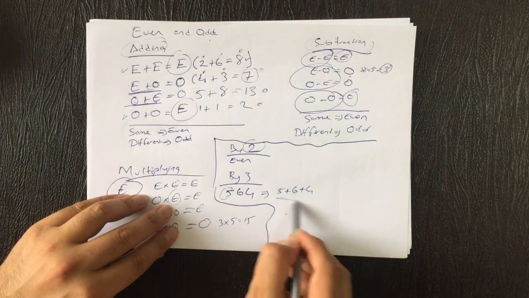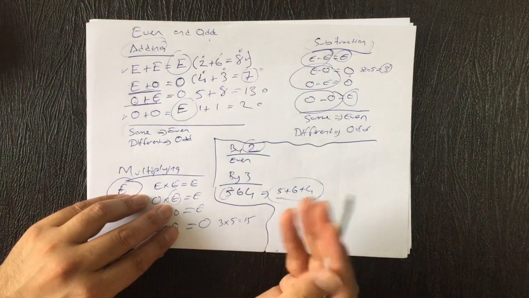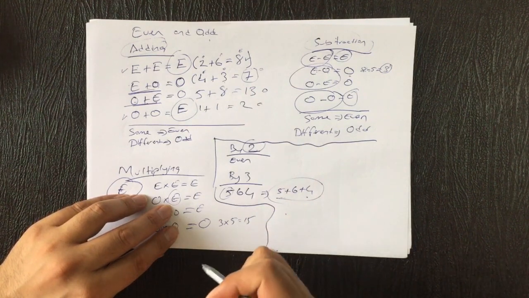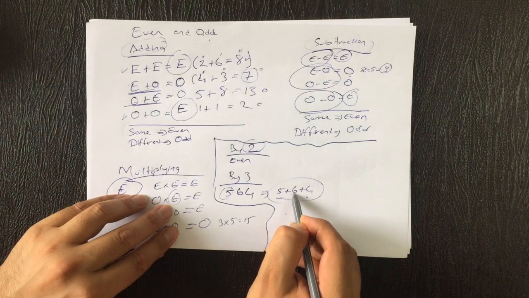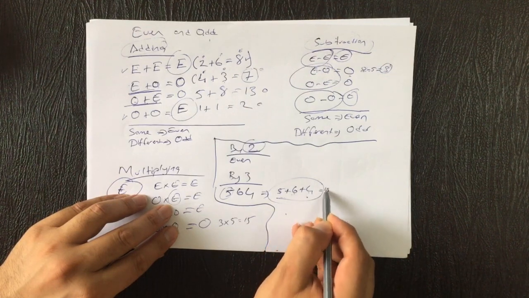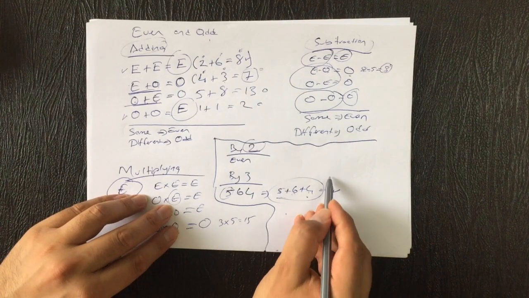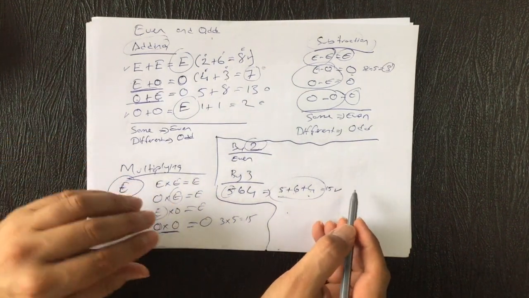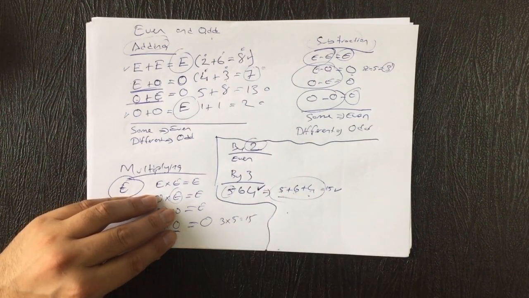If this sum is a multiple of 3, then it's okay. 5 plus 6 is 11, plus 4 is 15. 15 is divisible by 3, it is a multiple of 3. That's why this number is divisible by 3.